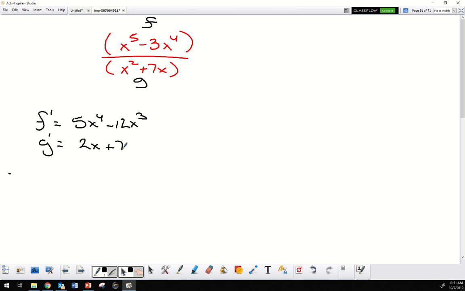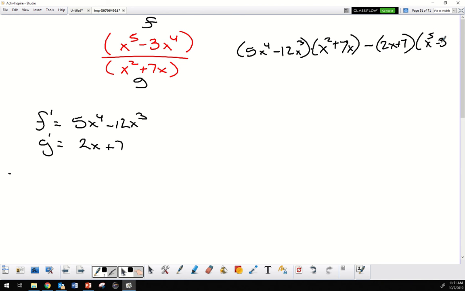Very good. So from my notes, f prime g, right? So it's going to be 5x to the 4th minus 12x cubed times g, which is x squared plus 7x, minus g prime f, 2x plus 7, f is x to the 5th minus 3x to the 4th, all over g squared, right?